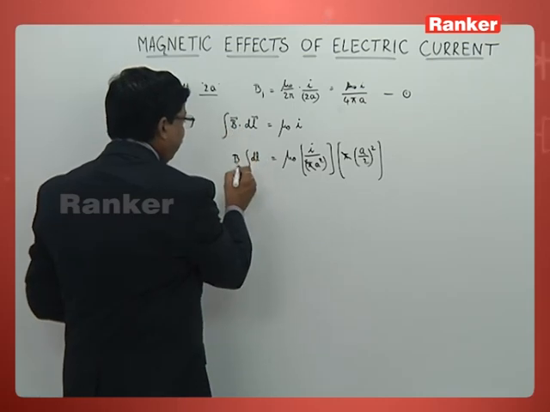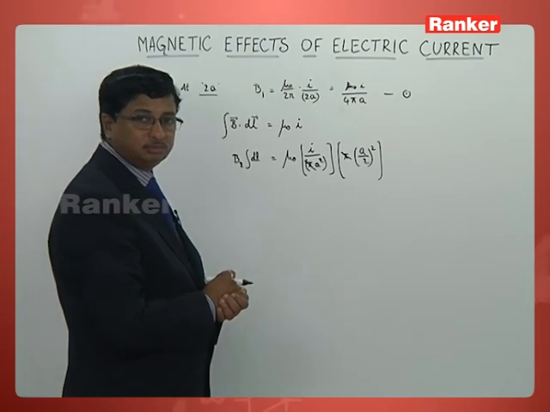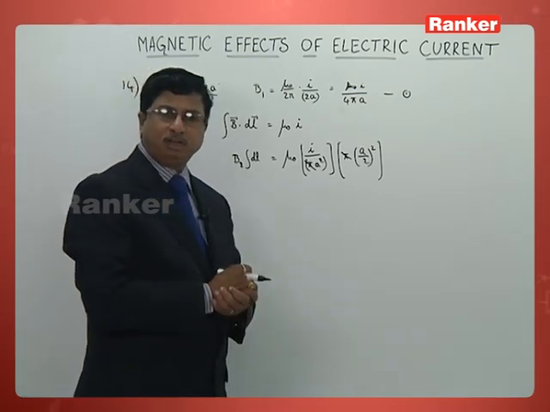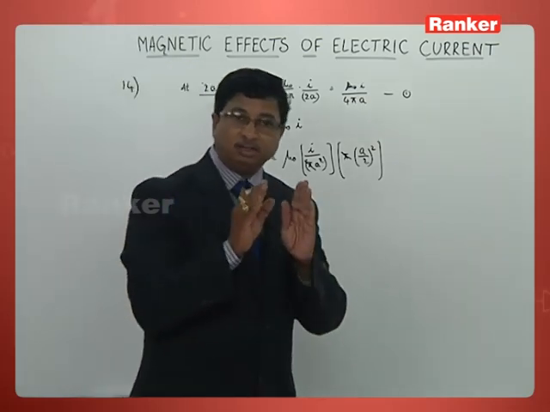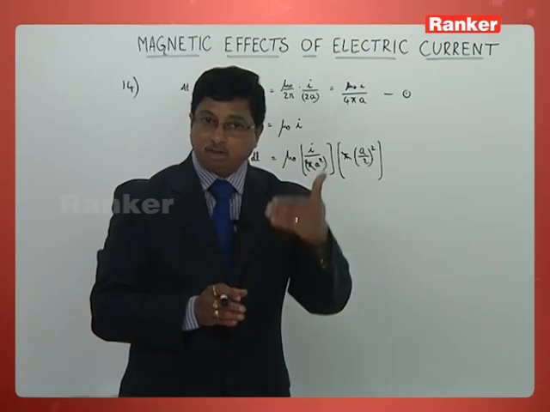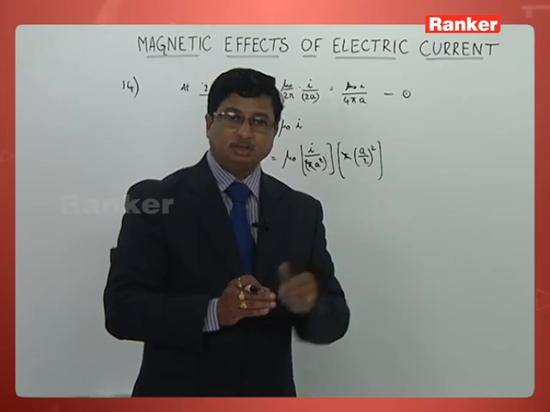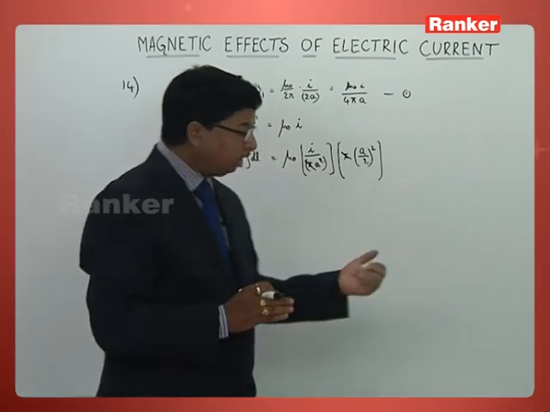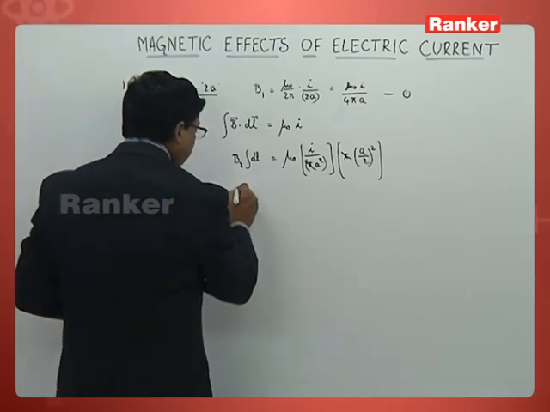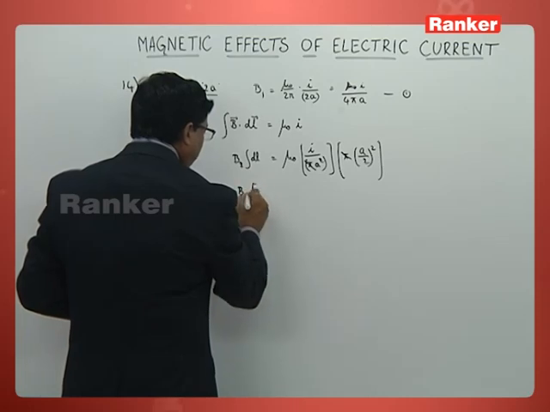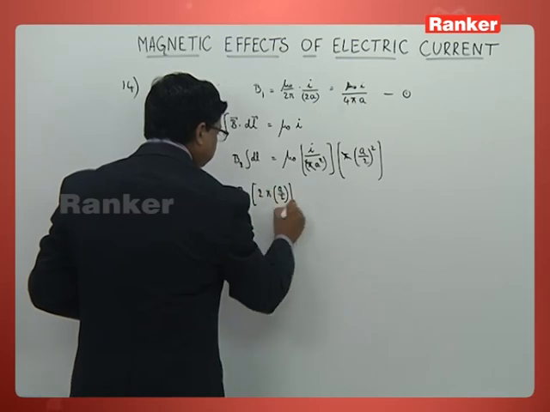This B, whatever we are talking about now, I take that as B2. What is that B2? You can understand, that is the magnetic induction at the distance a by 2 from the central axis of that particular wire. And integral dl can now be taken as B2 into 2 pi r, so 2 pi into a by 2.